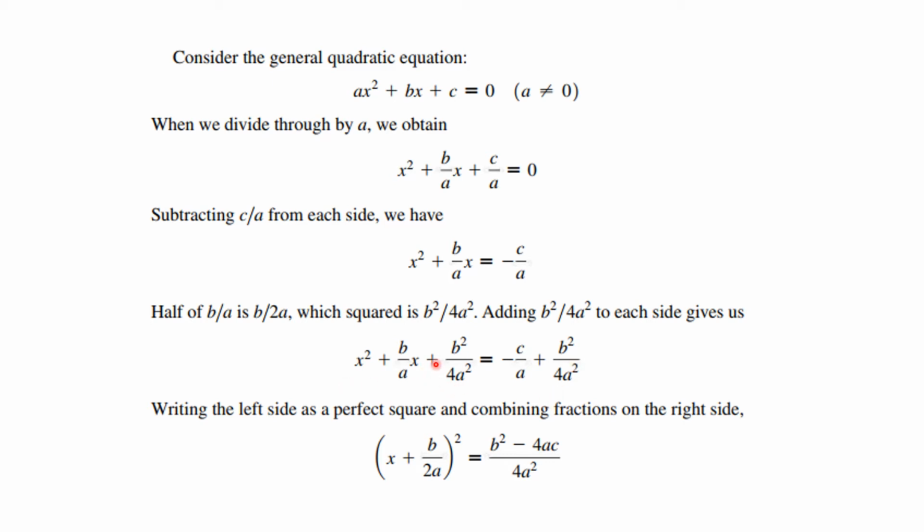But then this can be factored as x plus b over 2a whole squared is equal to, and this can be simplified when you get a common denominator into b squared minus 4ac. Then we divide, and the common denominator is 4a squared.